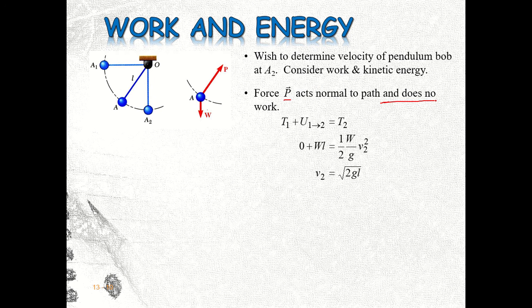So in this case we have T1, the kinetic energy at E1, plus U1-2, the work from this position to this position, is equal to T2, the kinetic energy here.